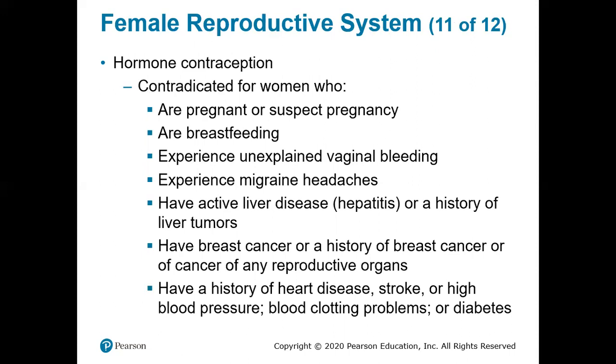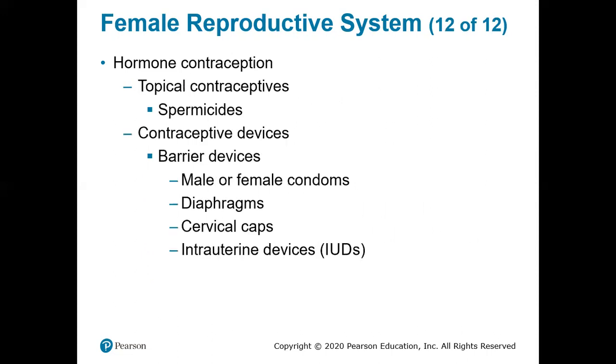Women who have breast cancer or a history of breast cancer or cancer of any reproductive organs should not be taking hormone contraception. And anyone that has a history of heart disease, stroke, or high blood pressure, blood clotting problems, or diabetes should be cautious using hormone contraception.